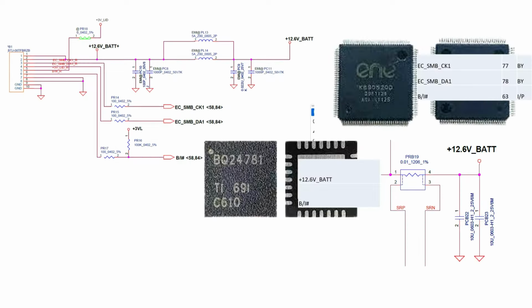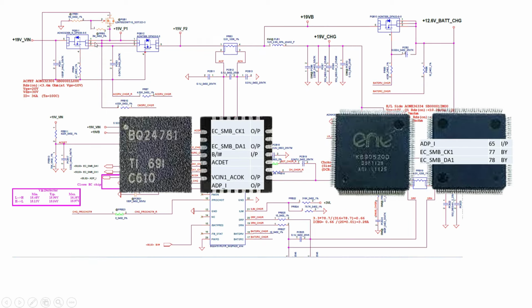Then finally the battery section also goes to the IO and this charging IC. See, in the IO, SM clock and SM data 1 go to the IO, and whether the battery input is connected or not, that information also goes to the IO as well as the charging IC. See, this BI and battery voltage will go to the IO.